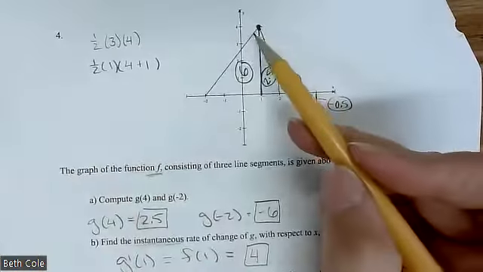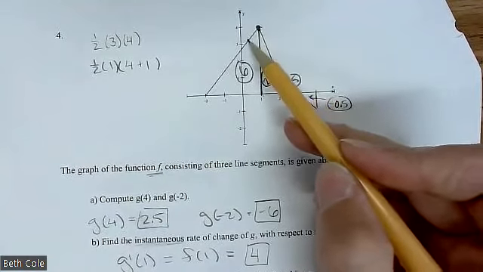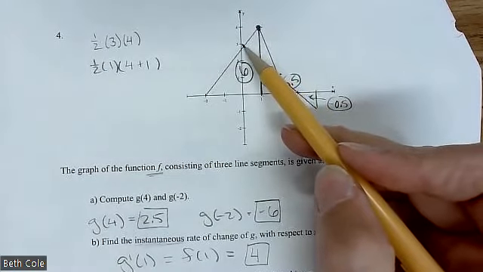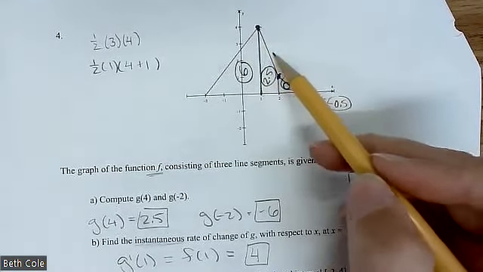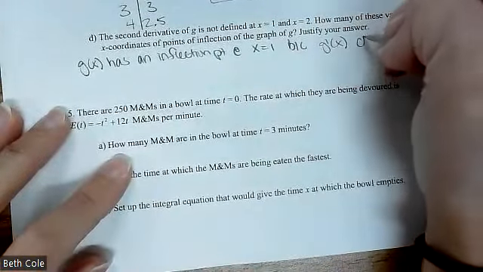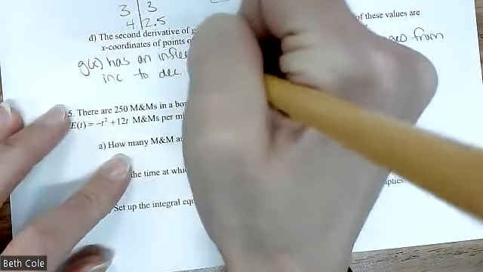Like what about what's going on at that point makes there be a point of inflection? g prime, that's who we're citing, changes from increasing to decreasing there, okay? Because g prime, that's your source, changes from increasing to decreasing there.